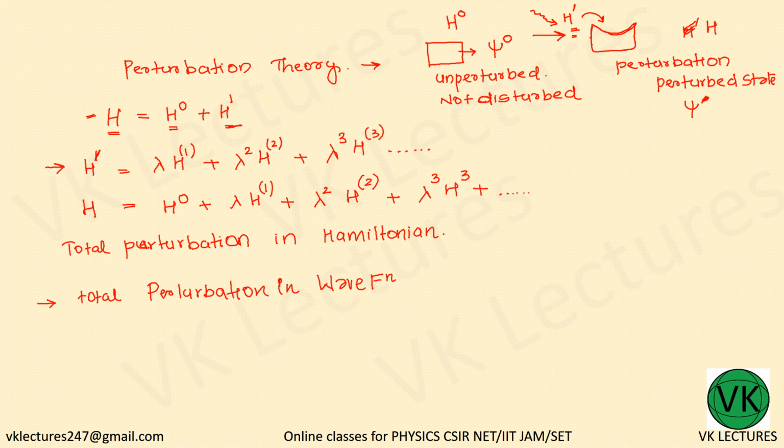So total perturbation in wave function, let us write the total perturbed wave function as psi, equal to the initial, which is the unperturbed wave function, plus lambda times first order correction to the wave function, plus lambda square psi 2 plus lambda cube psi 3 etc.